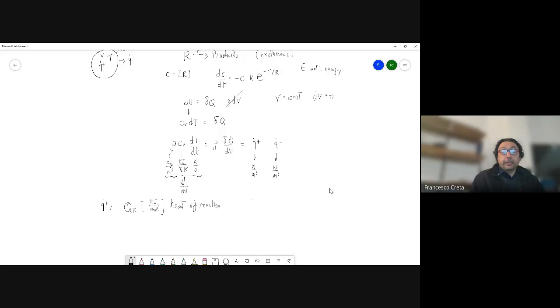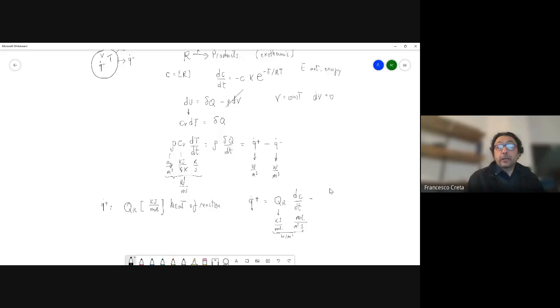And so clearly Q plus can be expressed as this quantity Q_R and the rate of change of molar concentration of the reactant. Why? Well, because if this is in kilojoules per mole, and this is a molar concentration per unit time, so it's moles per cubic meter per second, then this is measured in watts per cubic meter, a power per cubic meter.